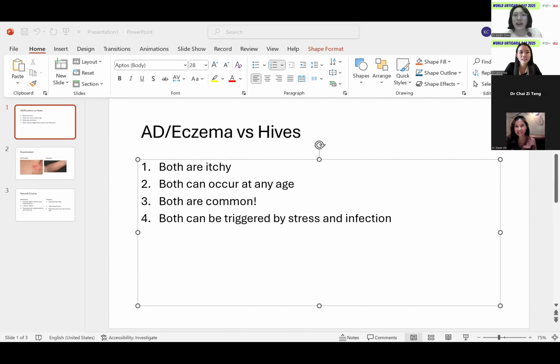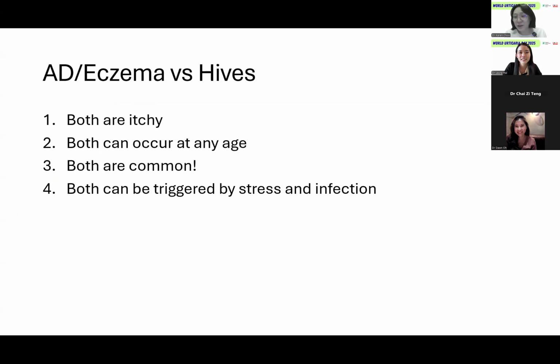Okay, so first of all, eczema and hives have quite a lot of similarity, and I can understand why sometimes both can be mixed up with each other because both are itchy. They can occur at any age, but predominantly, especially in eczema, in childhood, and again as we age. Both are common.